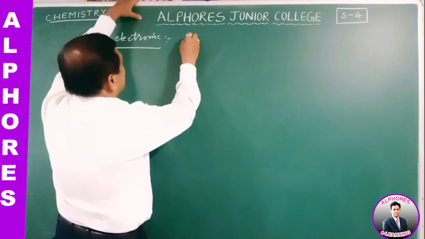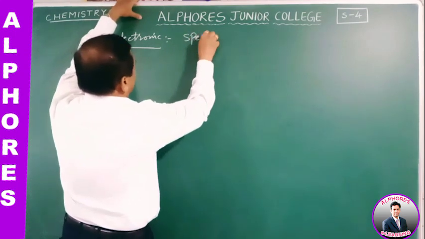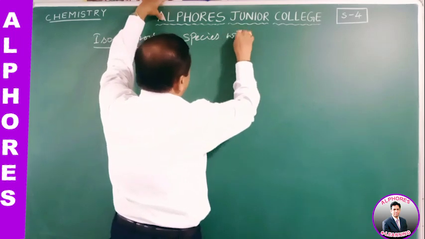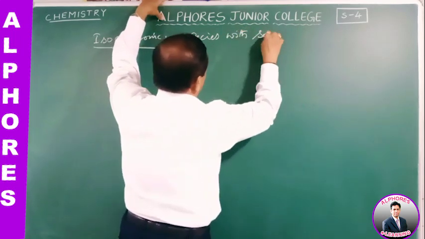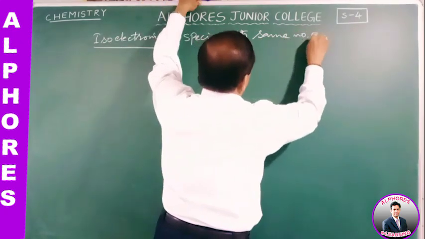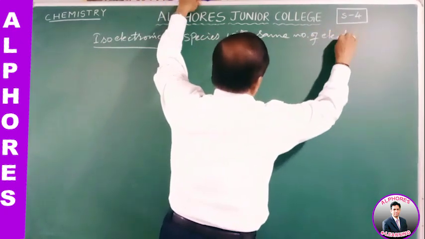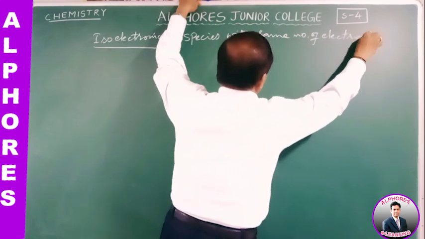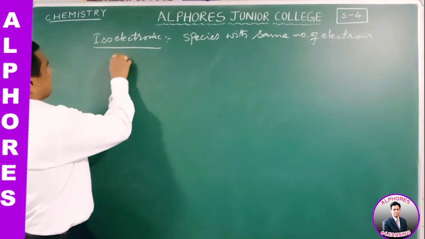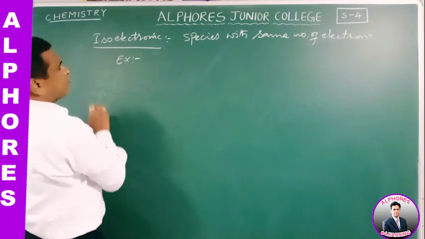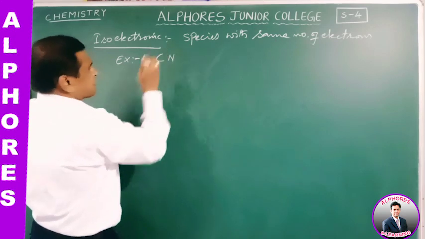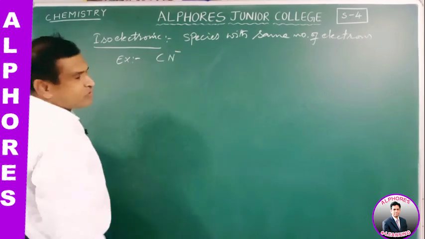The species with the same number of electrons are called isoelectronic species. For example, the cyanide ion, CN minus.